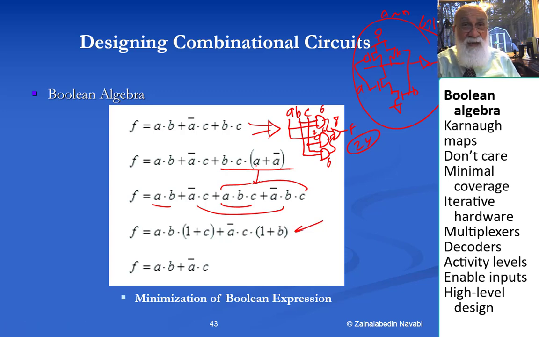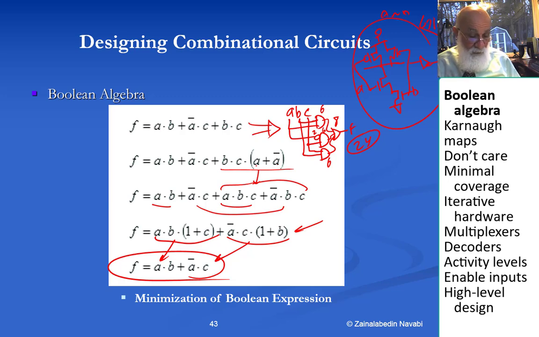A or B is a 1, and A bar and C ANDed with a 1 is A bar C. And therefore this becomes this, and this becomes this. My new expression is A and B ORed with A bar and C.